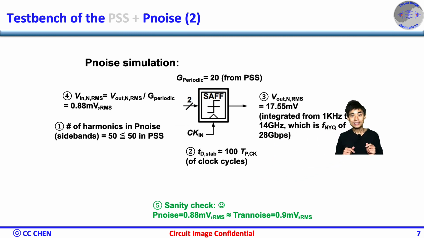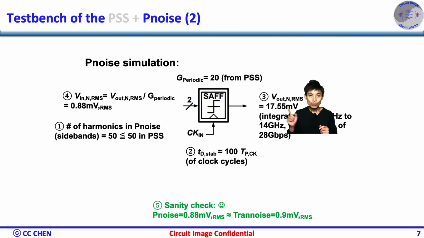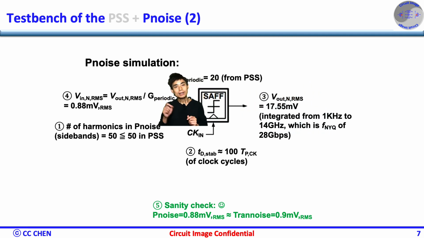Lastly, you must set the integrated frequency range of interest for the noise in the time domain, which is 1 kHz to 14 GHz Nyquist rate in this case. As in AC noise analysis, we should get the total output integrated noise, which is 17.55 mV RMS here. Then we must divide by the gain to get the input referred noise, 0.88 mV RMS.